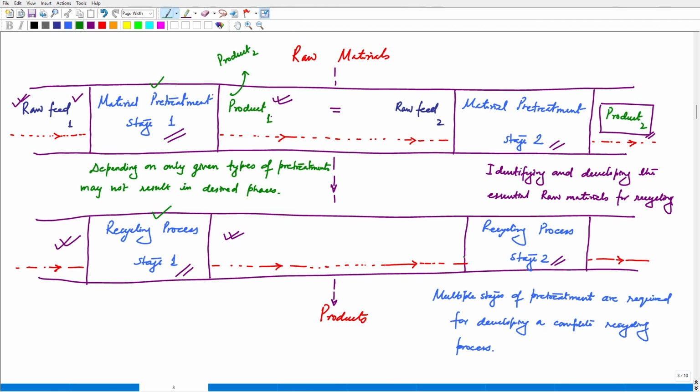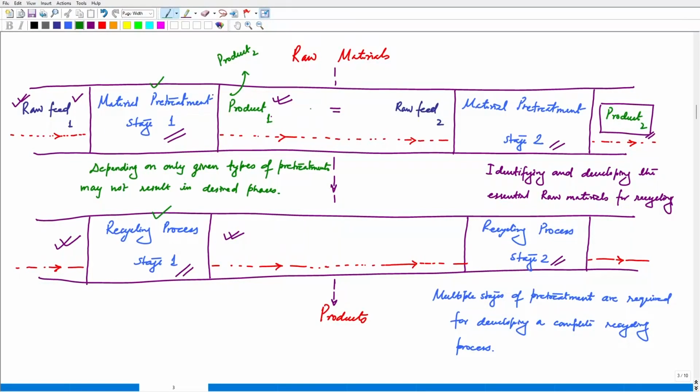And this is the challenge that many recycling processes have, that at every stage we develop different types of products, and recovering metal or material of our choice depends on how we are handling these wastes, these byproducts. So maybe we are interested in product 1 because it has higher metallic content, but we cannot say that product 2 does not exist.